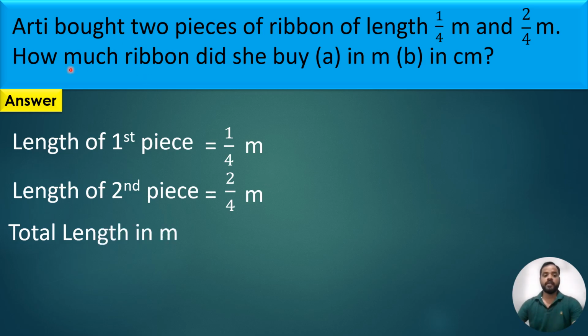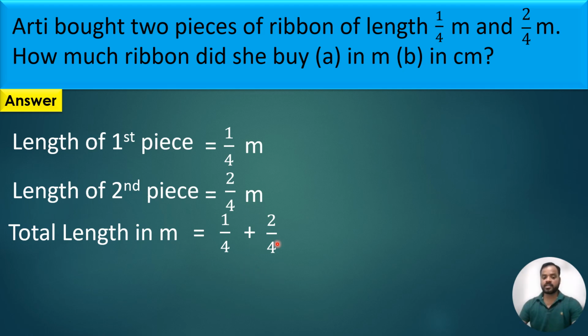So we have to calculate how much ribbon did she buy in meter. So this was the first she bought. This is the second piece she bought. So total length in meter is equal to this plus this. So 1 by 4 plus 2 by 4.